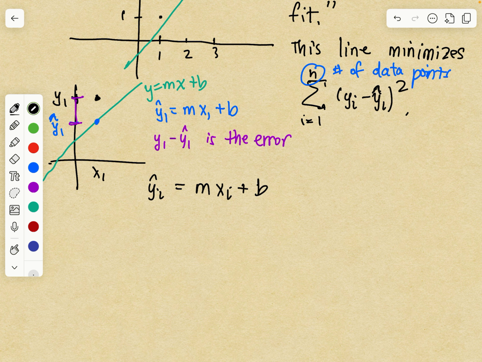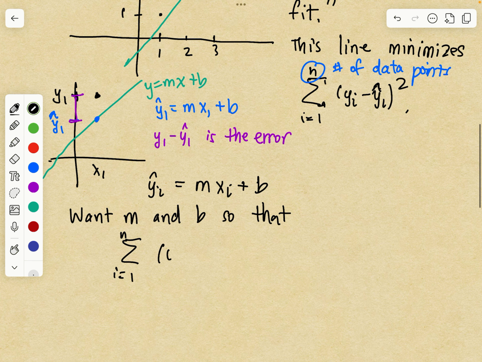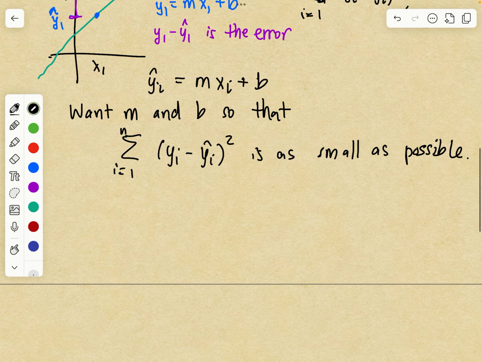And so what we're really looking for is m and b, the slope and the y-intercept of the line, so that the sum from i equals 1 to n of (yi minus yi hat) squared is as small as possible. So we're looking for m and b.